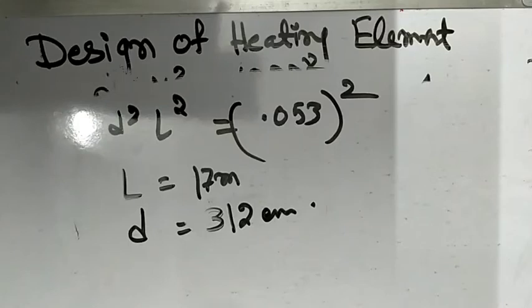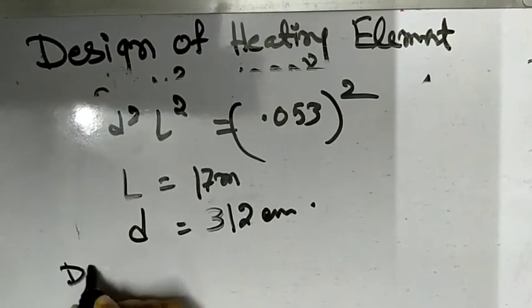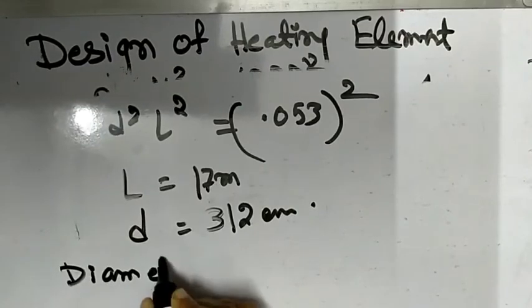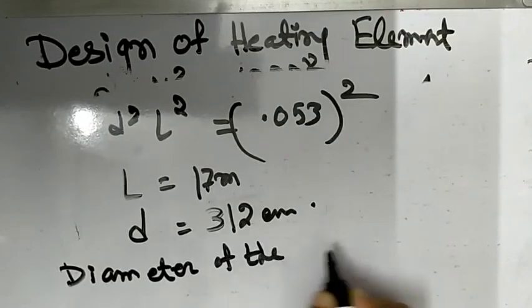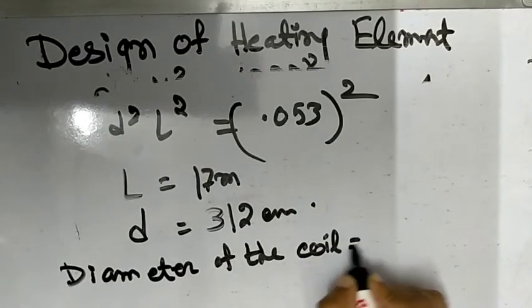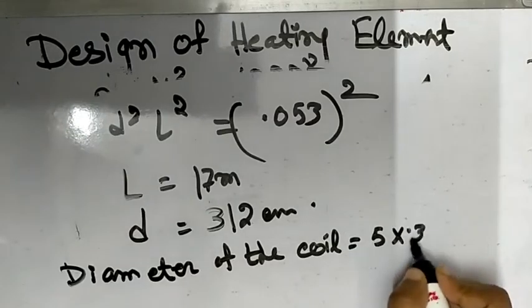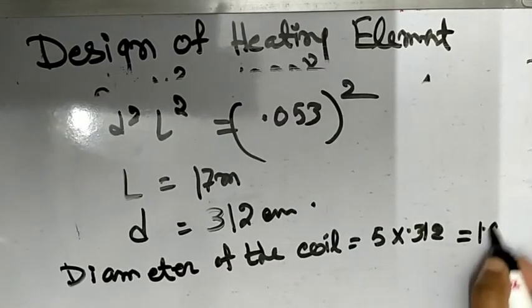and taking the mean diameter of the coil as 5 times the diameter of the wire, we get diameter of the coil is equal to 5 into 0.312, which is equal to 1.6 centimeter.